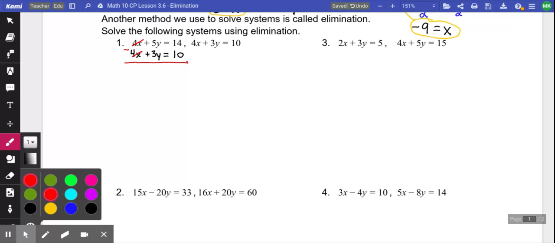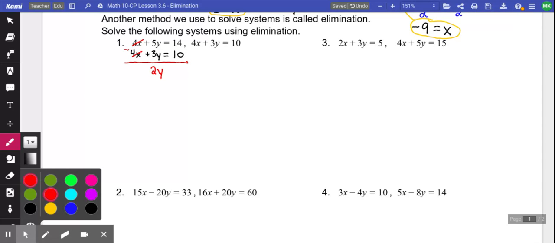I then have 5y minus 3y. 5 minus 3 is 2y. People usually put 8y because they see 5 plus 3. But it's 5 minus positive 3. So make sure you're subtracting everything.